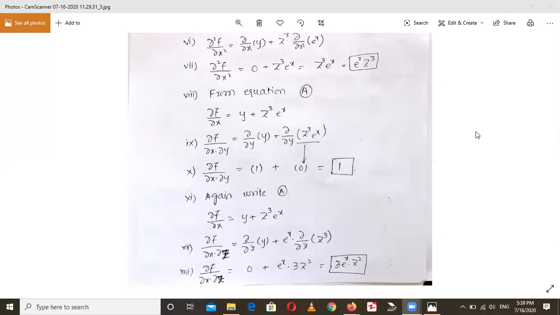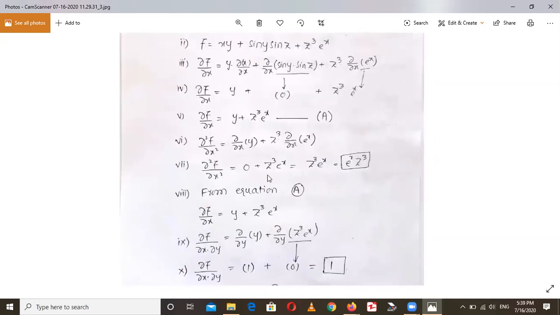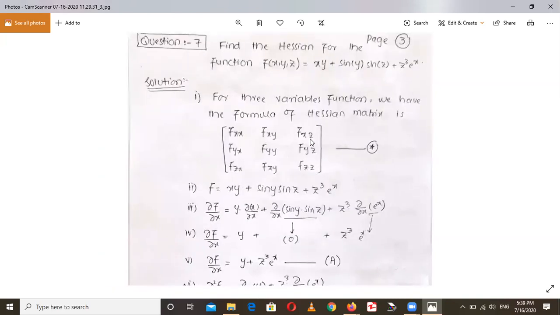Again, write equation number A. We have differentiated this with respect to x. Now we will differentiate this equation with respect to z, so that we get fxz. We will now calculate this term, fxz.